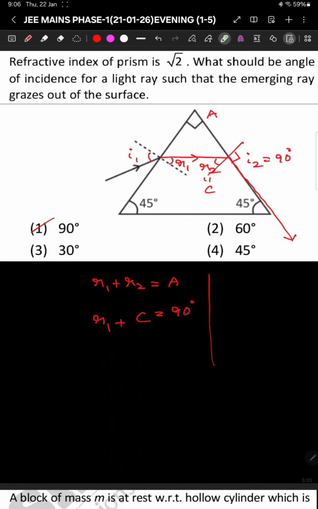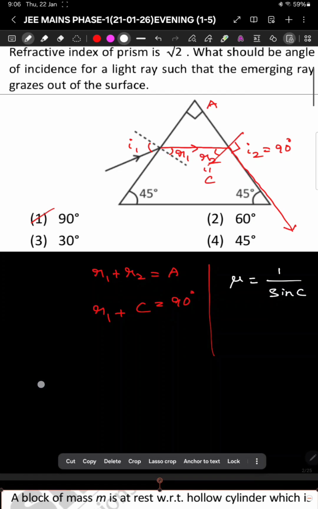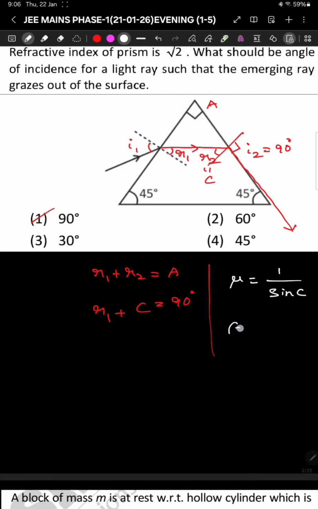When a light ray is traveling from a denser medium to a rarer medium, from the critical angle condition, mu equal to 1 by sin C. So mu of prism, root 2, equals 1 by sin C. From this we get C as 45 degrees. Substituting C here, you will get R1 as 45.